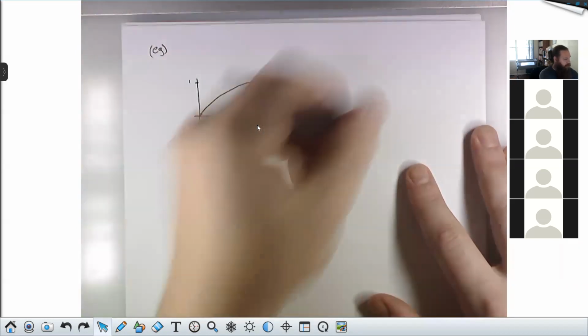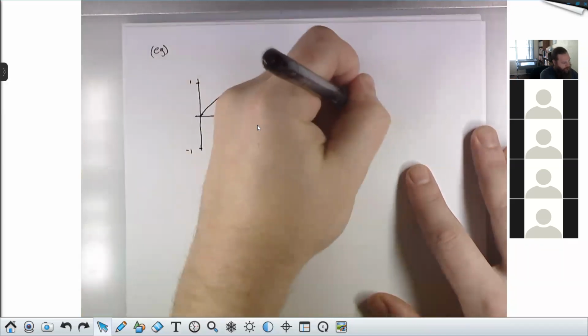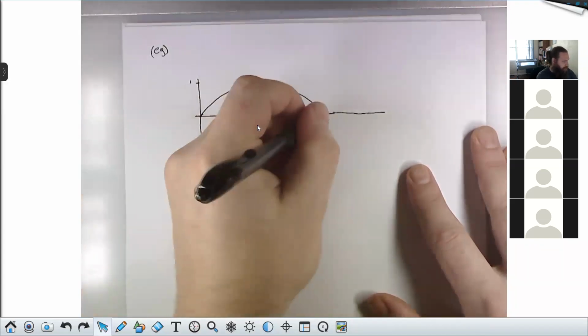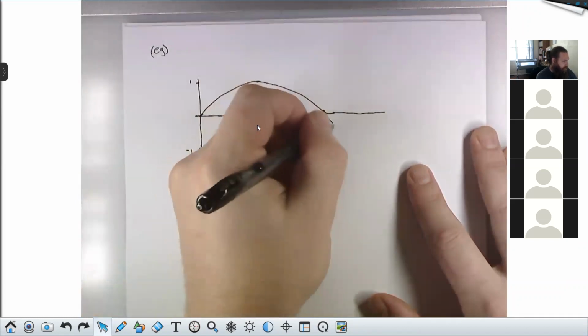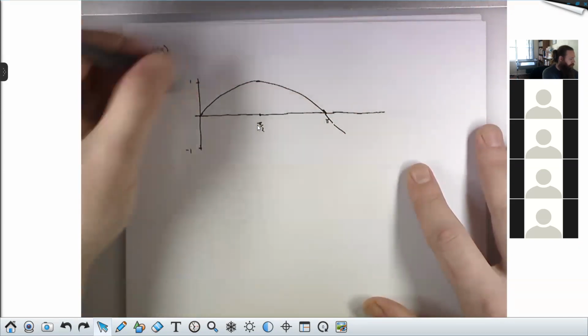So here's sine x from 0 to pi. And you know, it kind of continues doing this wave shape. And here's cos x.